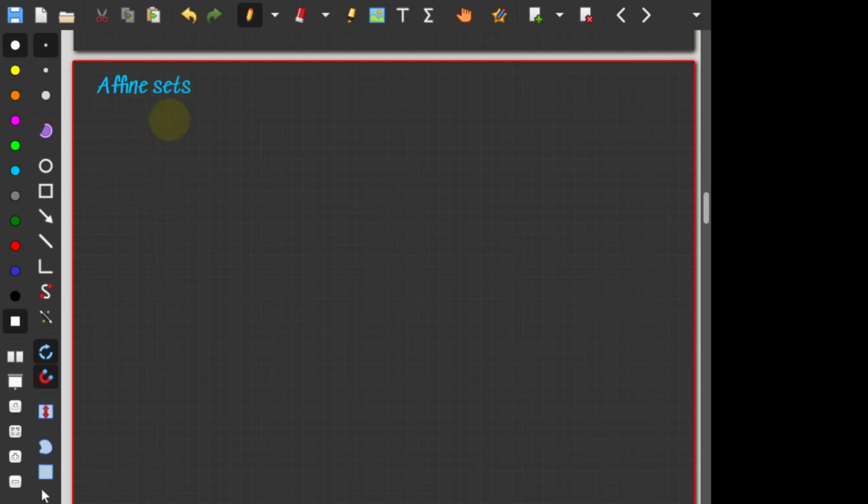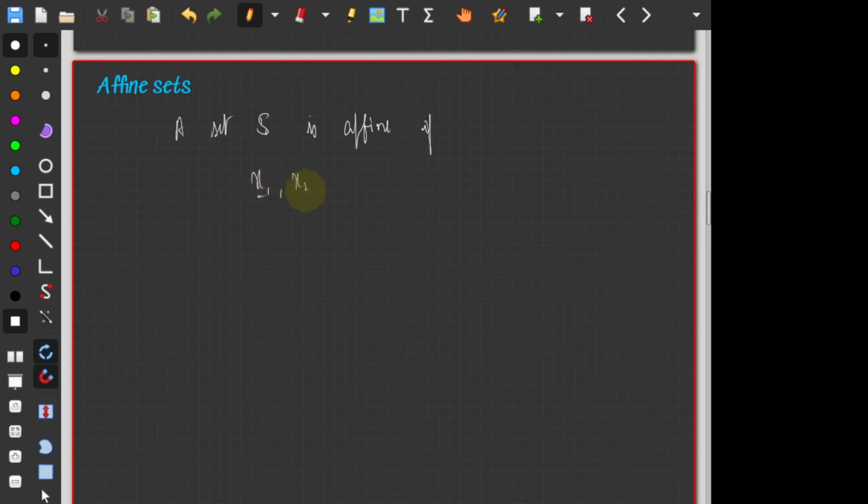So we say that a set is affine if it's closed under straight lines, in the following sense: if x1 and x2 lie in the set S, then so does the straight line joining these 2 points.